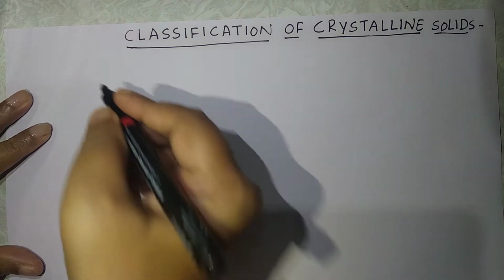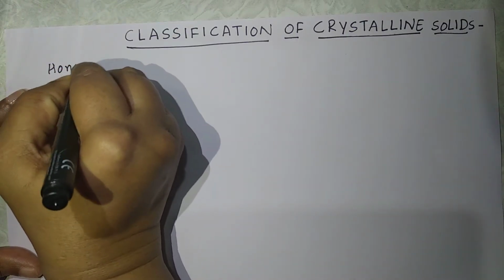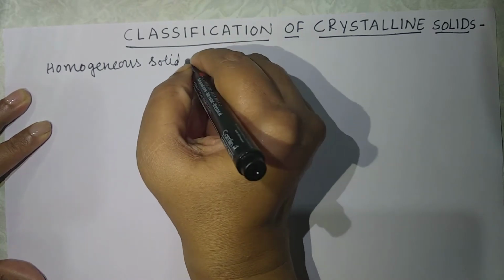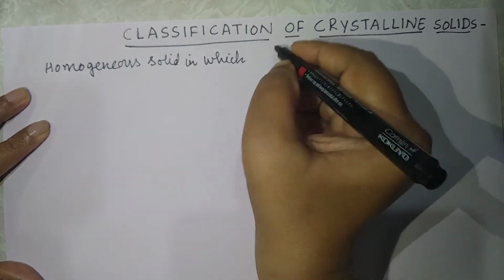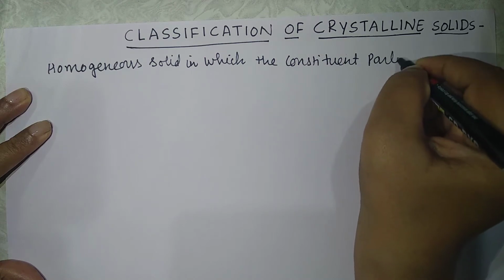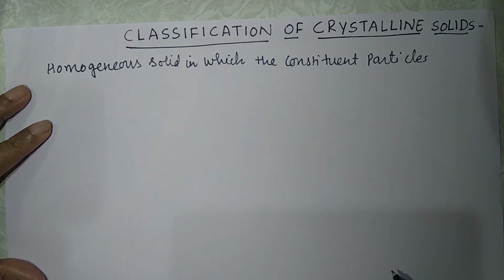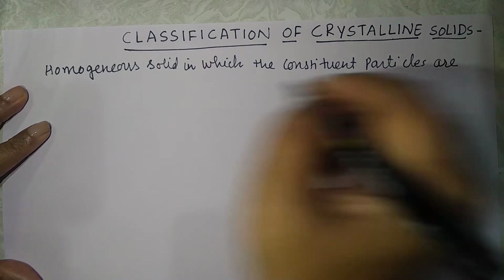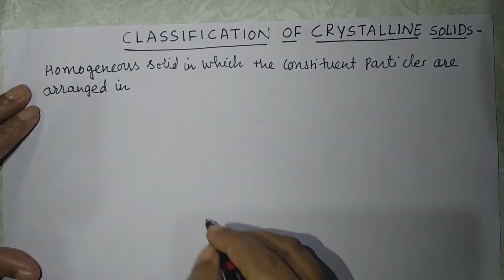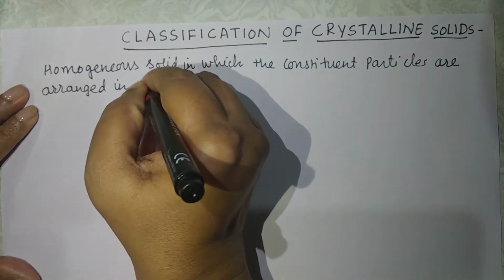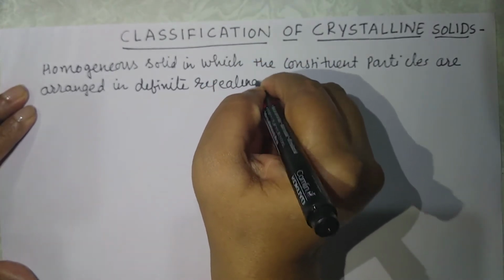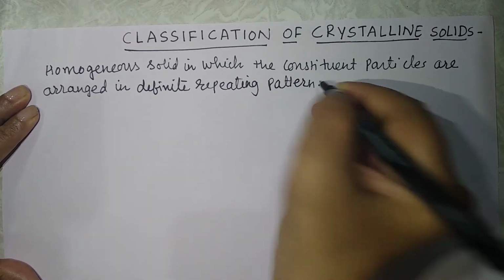A crystalline solid is a homogeneous solid in which the constituent particles, by particles I mean atoms, ions or molecules, are arranged in a definite repeating pattern. They are called crystalline solids.